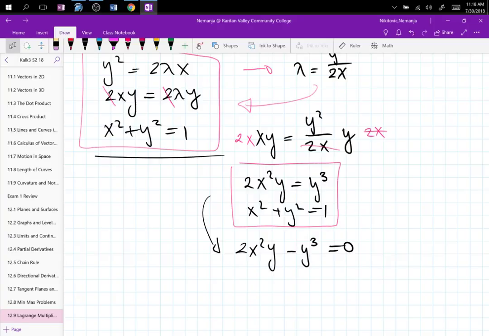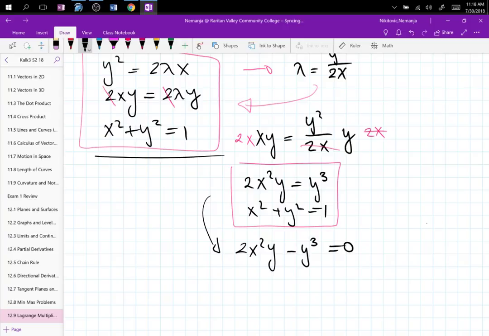Let me just show one more time. Guys, if you just canceled one of the y's, like this, then you are losing solution y equals 0. And if you lose a solution, well, obviously, that's bad. So the trick to not lose solutions is to actually move everything to the left.